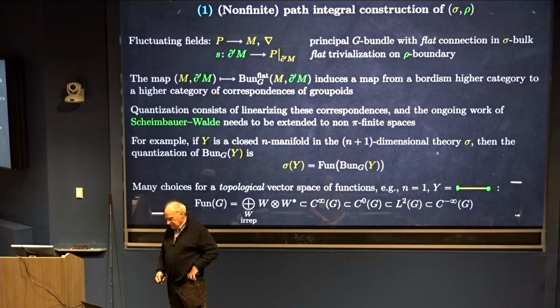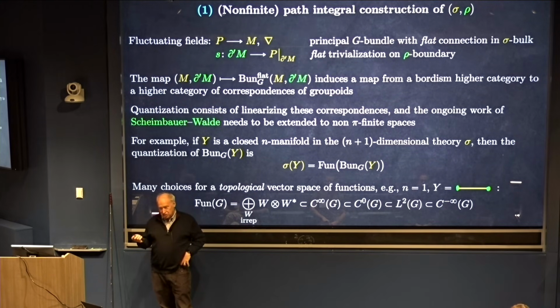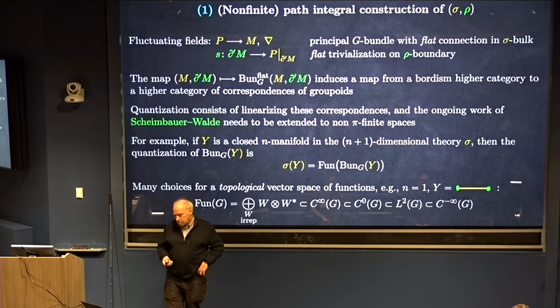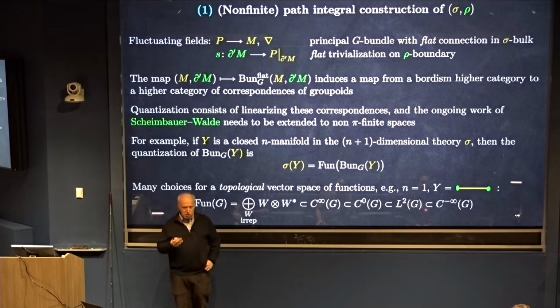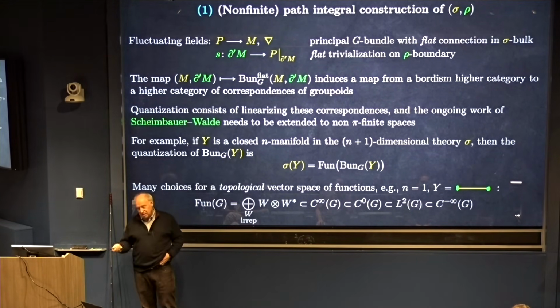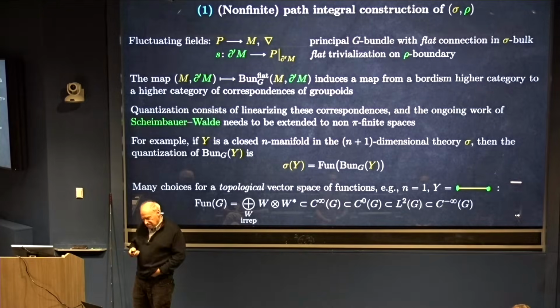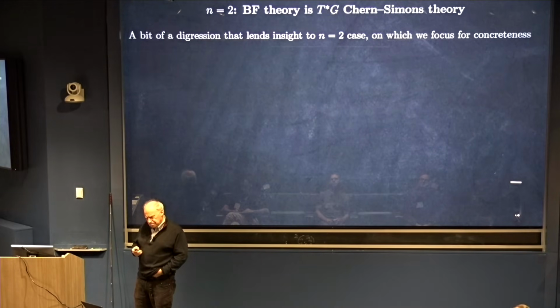So if we're in the case n equals 1, and we're quantizing on this interval with both boundaries colored by the rho boundary, that functions as a closed manifold in the bordism category, so we get a vector space, and we're exactly trying to quantize G. The space of these bundles, the stack, is just the Lie group G. So we exactly run into this question. When we're doing this kind of quantization, we have to decide how we're going to do that, what topological vector spaces. Yes?